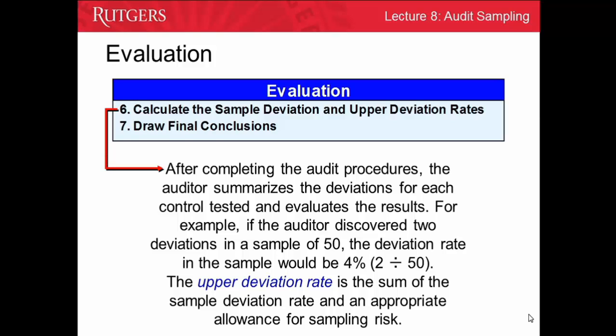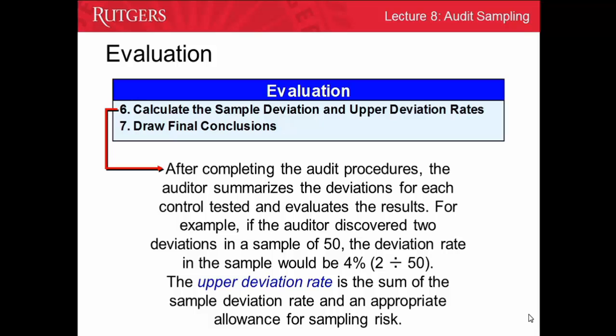Determining the sample results for an attribute sampling application can be accomplished by the use of a computer program or an attribute sampling table. The auditor calculates the sample deviation rate and the computed upper deviation rate.